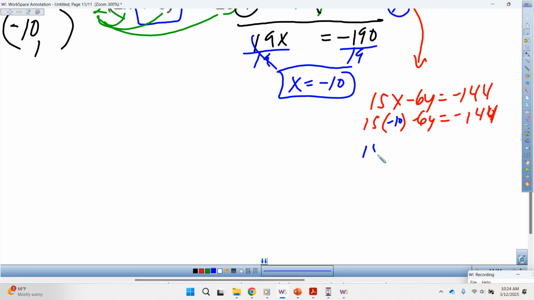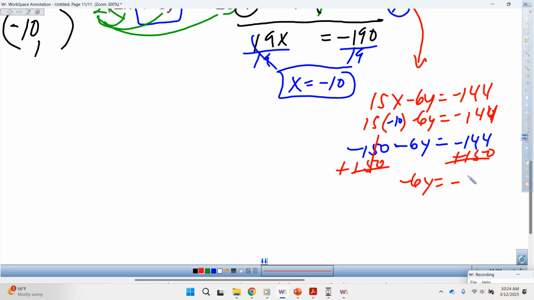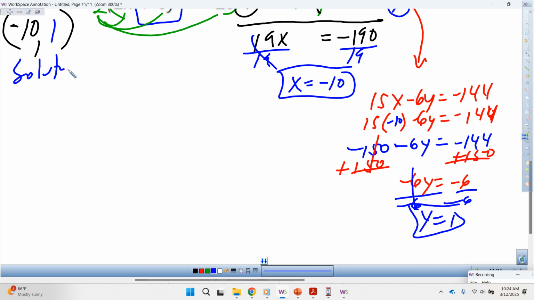So we got negative 150 minus 6y equals negative 144. From there, we add 150 to each side. Negative 6y equals negative 6. Divide by negative 6. y equals 1. And that is my solution.